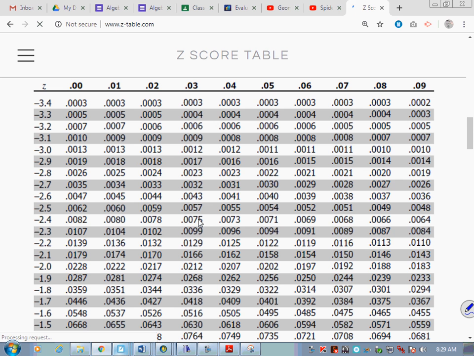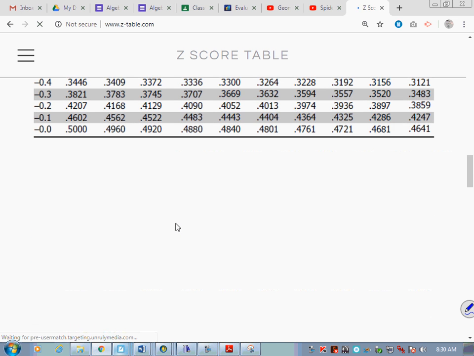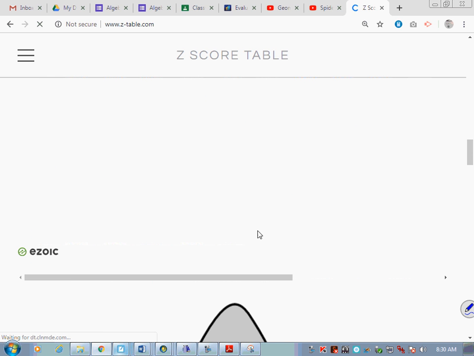So a z-score table, after we get that z-score, let's say you got 0.6. It's not just 0.6. So for instance, let's come down so we see a positive, because you have to look down the left and the top.